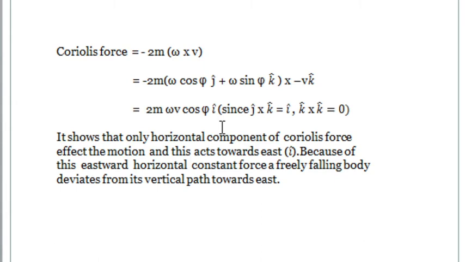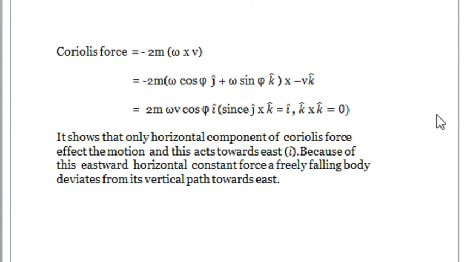From this expression, it is clear that the final result of Coriolis force contains the unit vector along the east direction only. We have I cap only. From this we can conclude that only the horizontal component of Coriolis force affects the motion of a freely falling body.